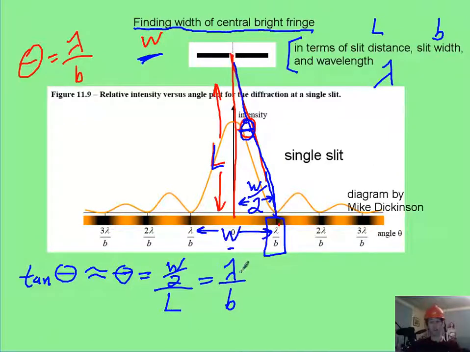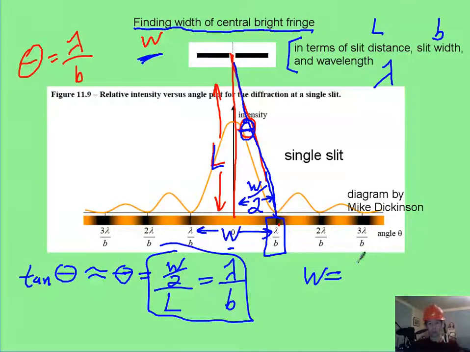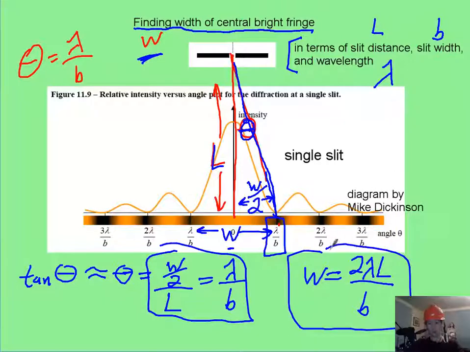So now it's just a matter of solving for W. If I rearrange this whole caboodle here, I'm going to end up with 2 lambda L over b equals the whole width of this fringe. There you go. Try some more problems, see what you can do. I apologize for the boringness of this video.